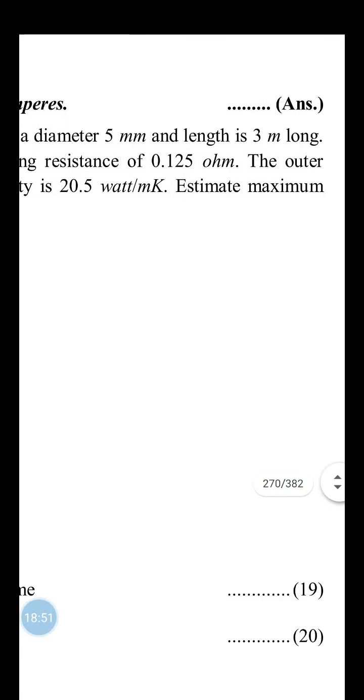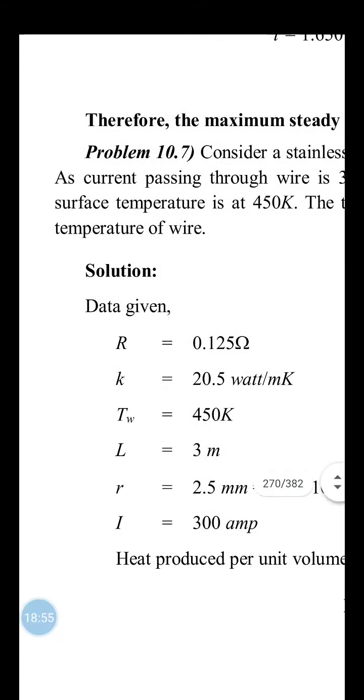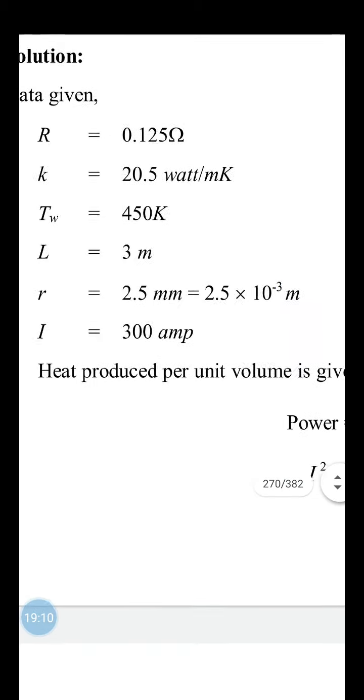The thermal conductivity is 20.5 watt per meter Kelvin. Estimate the maximum temperature rise through the wire. So what is given? R is given, thermal conductivity is given, Tw is 450, length is 3 meters, R is 2.5 millimeters and current is 300 ampere.